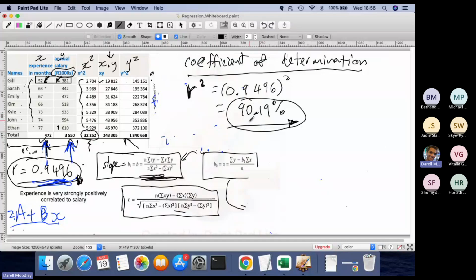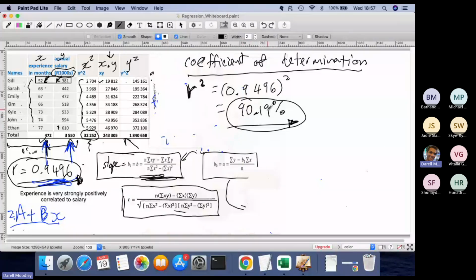The higher this value is, it means that this y value that you have can be predicted or explained by your x. So x is a good variable to explain y. The lower this r squared value is, then that means x isn't as effective as it should be at explaining y. The higher this can be, the better your x is explaining y.